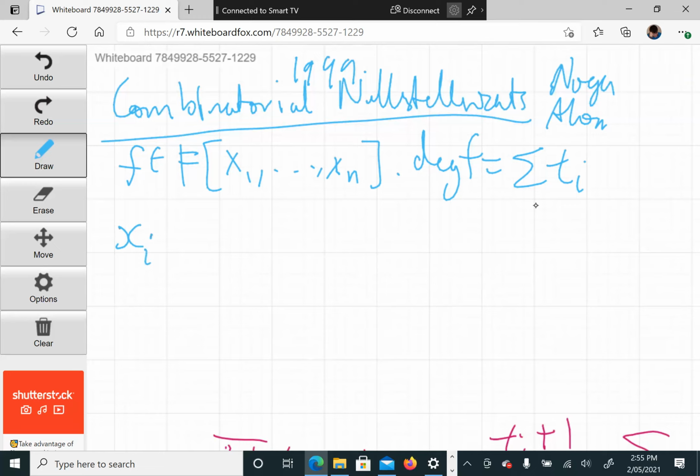So if x1^t1, x2^t2, up to xn^tn is a term, it has a non-zero coefficient in the expansion. Maybe I'll abuse notation by saying that's an element of f. There needs to be some s's in here.